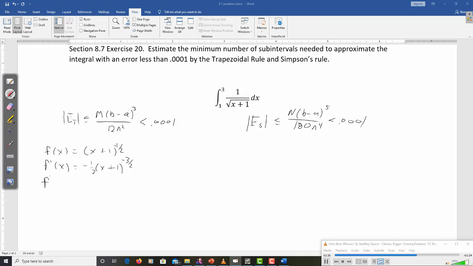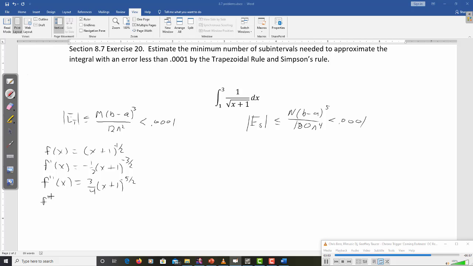Second derivative: this is all we need for the trapezoidal rule, but we've got to go up to the fourth derivative for Simpson's, so we might as well keep going. That will be 3/4 (x plus 1) to the negative 5/2.